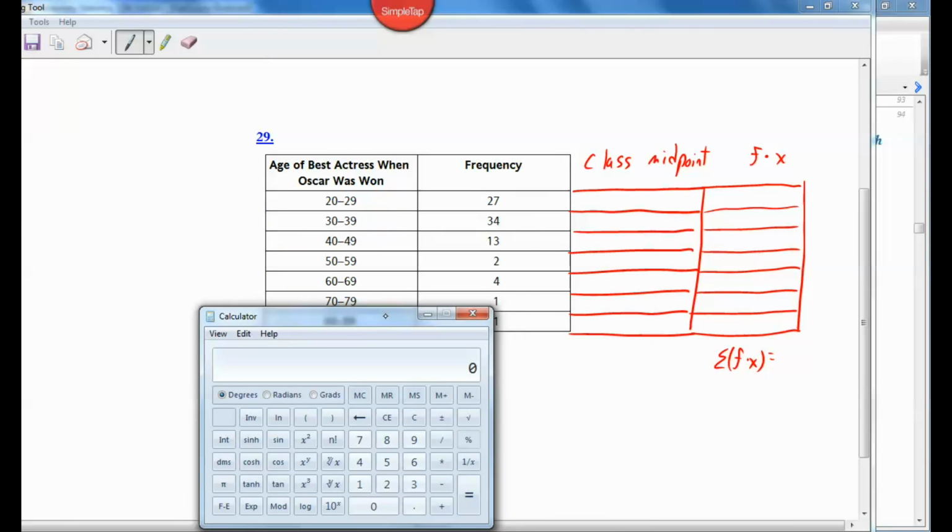So, class midpoints, 20 plus 29 divided by 2, 34.5. Is that how you find it? Or do you find it by taking the sum of two consecutive lower class limits and dividing by 2?